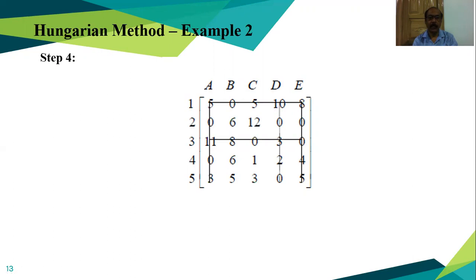Now in this case, how many lines are drawn to cover all the zeros? 1, 2, 3, 4, and 5. So the number of lines drawn to cover all the zeros is 5, and the order of the cost matrix is 5. So this is our optimum table for the assignment problem.